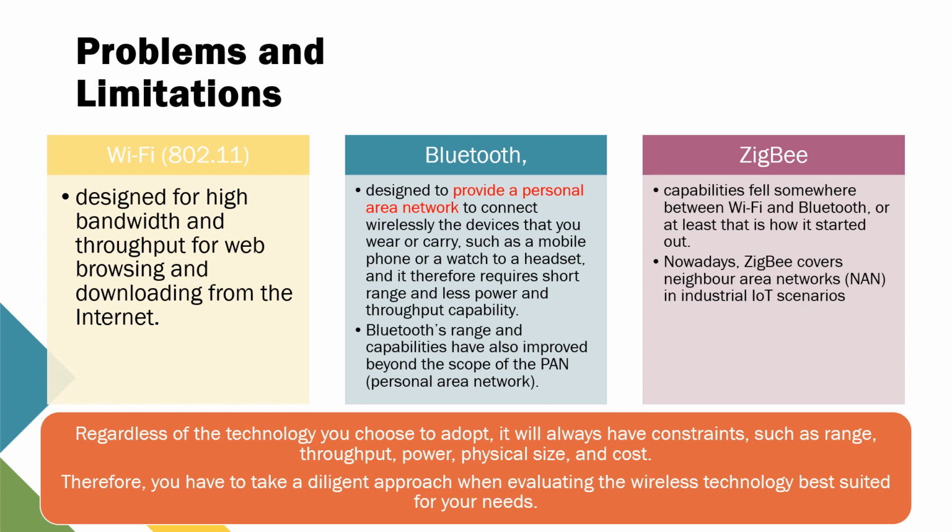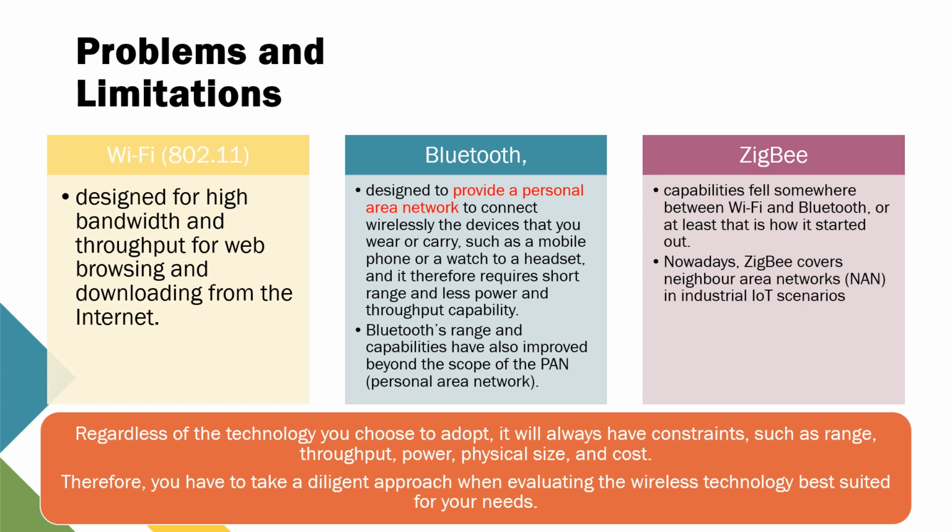Currently, it's using what we call Smart Bluetooth, which we are going to look into after this, where it expands the area and also adds a little more capability, which is Piconet. The last one is Zigbee, whose capability falls somewhere between Wi-Fi and Bluetooth, or at least that is where it started out.